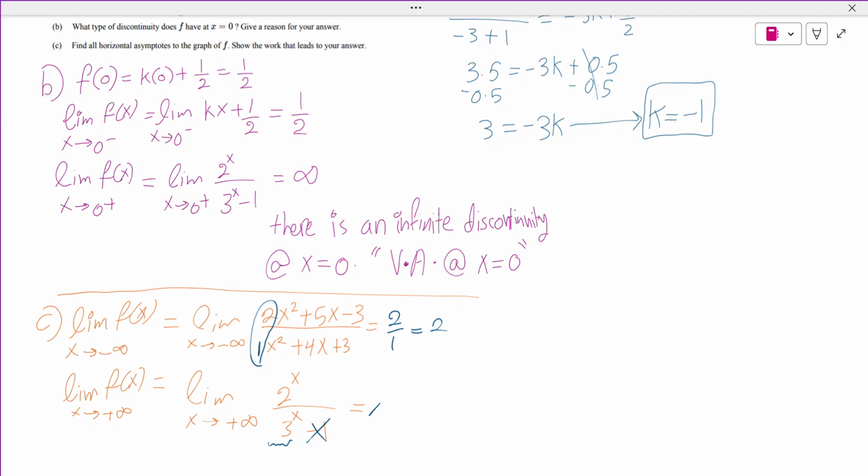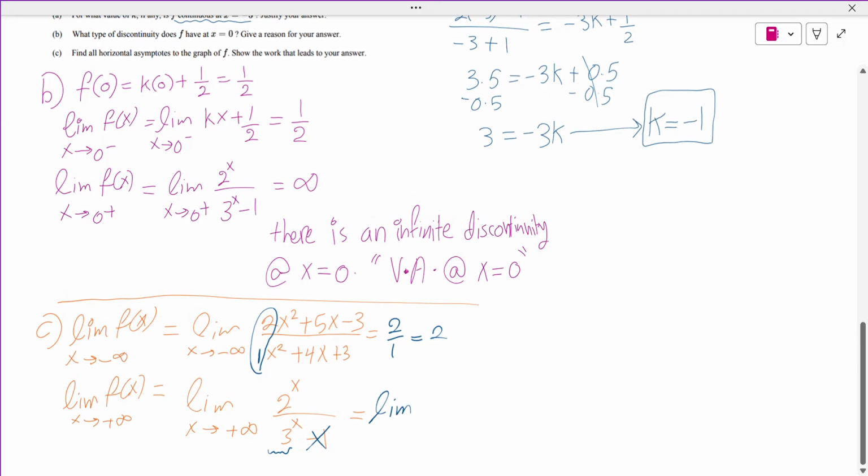So this is the limit of 2 to the power of x over 3 to the power of x as x approaches positive infinity, which is the same as the limit of (2 over 3) raised to x as x approaches positive infinity.